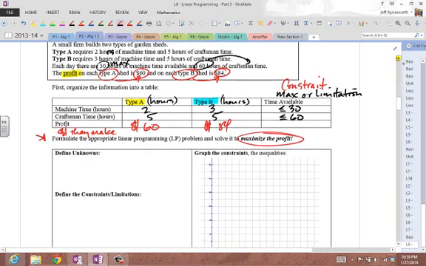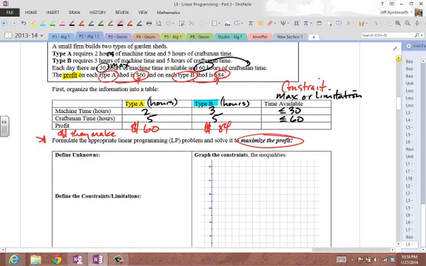One of the things that you're also going to do in every single problem is define the unknowns. So it says, given these profits, how many of each type should be made? How many type A and how many type B should be made to maximize profit?